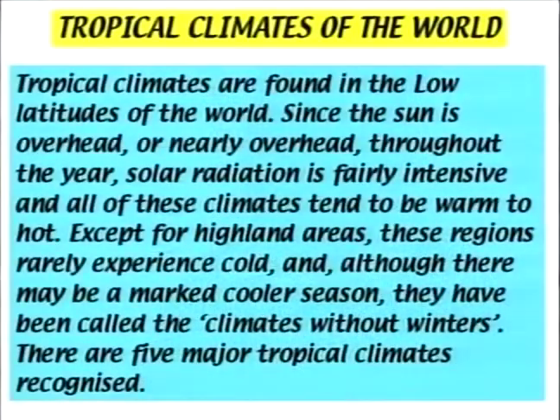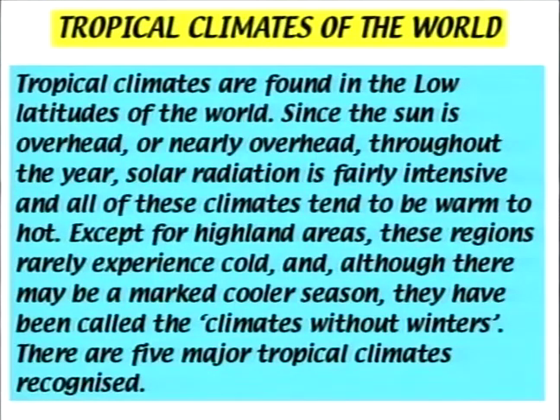And from the monitor, the information that is given there reads, tropical climates are found in the low latitudes of the world. When we talk about low latitudes, we are making reference to the degrees. We start off at the equator at 0 degrees.